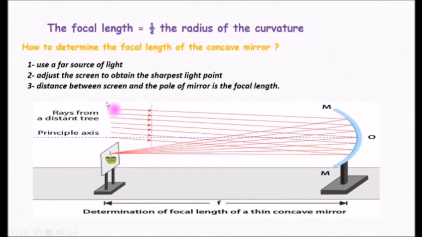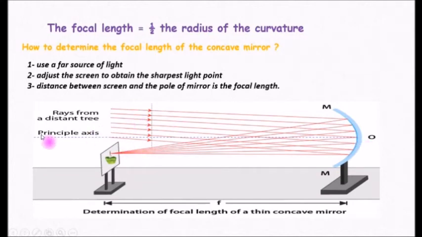We firstly use a source of light, comes from the sun for example or any other source of light, and then we adjust a screen to allow the reflected light to collect on it, and the distance between the screen and the pole of the mirror is the focal length.